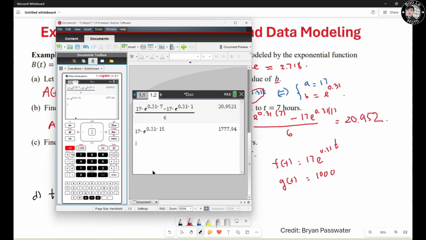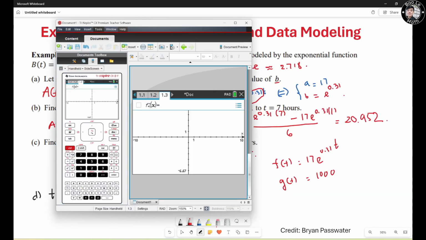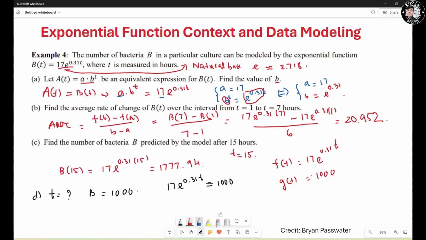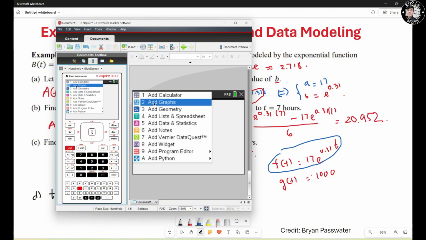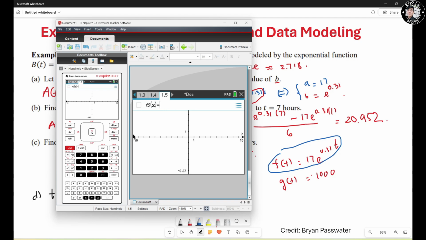So we hit Ctrl I, add graph right here. So first we're going to graph this one right here. We input 17 times e to the 0.31 times s right here, because the function is f of s, right?